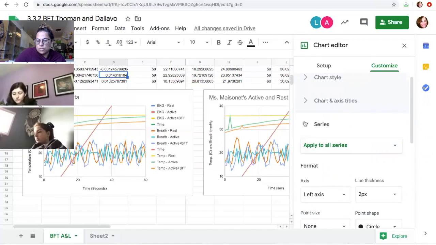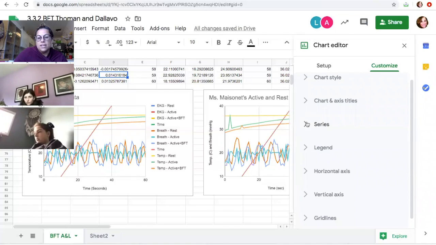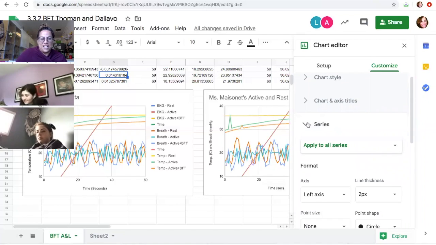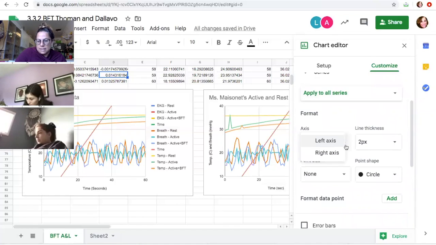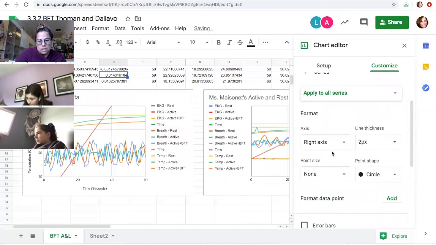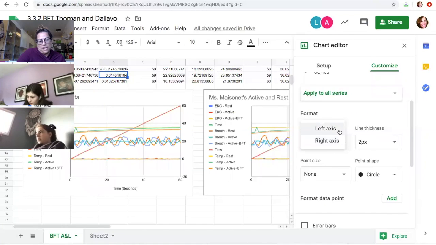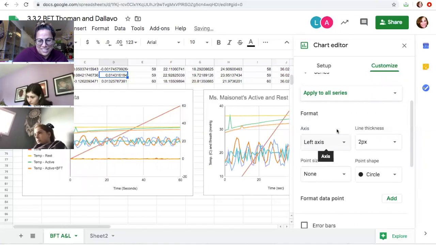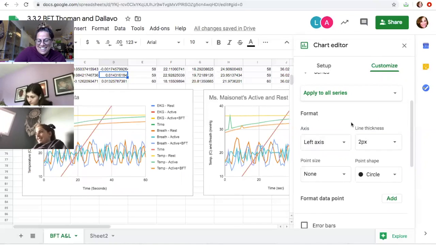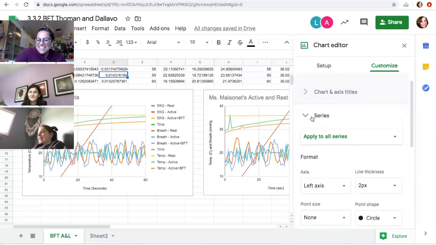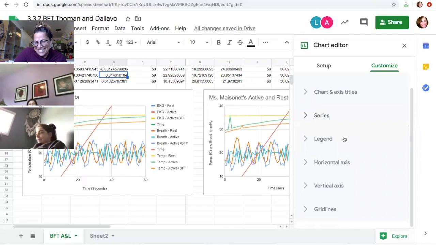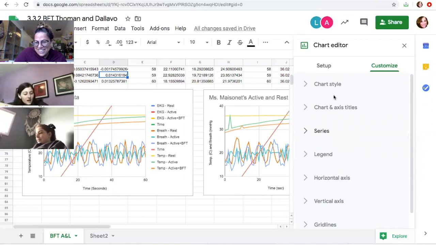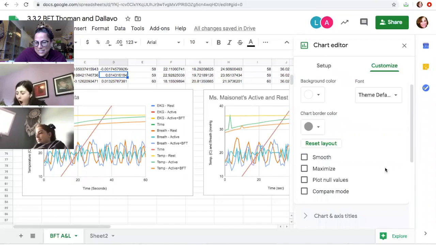Okay, I knew there was a reason we were going to series. Go to series, finally, the real time. All right. Click on axis and click on right axis. No, that's wrong. Change it back to the left. That's not it.